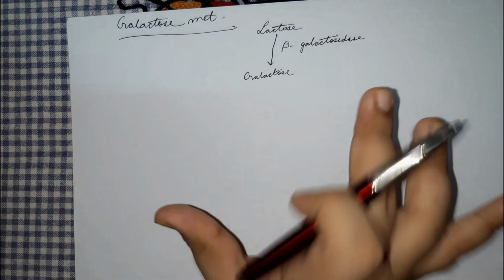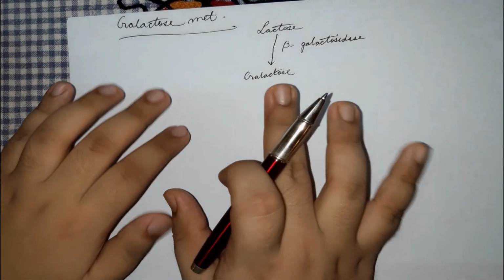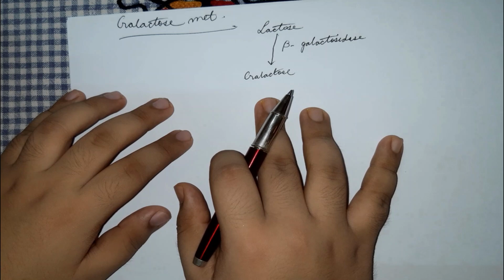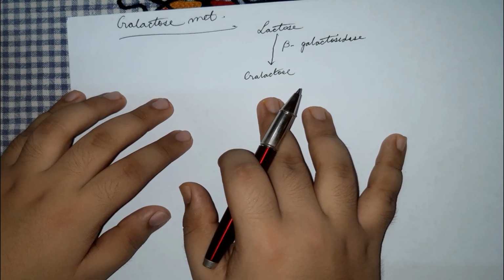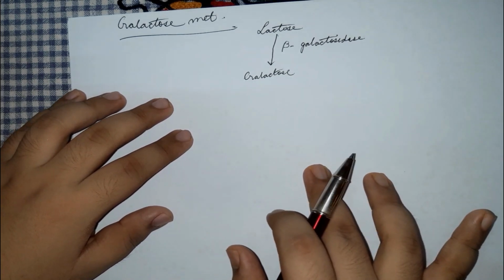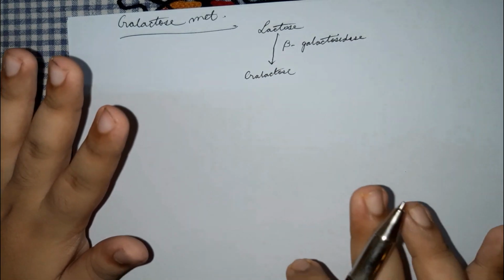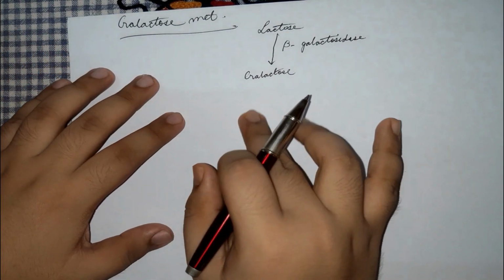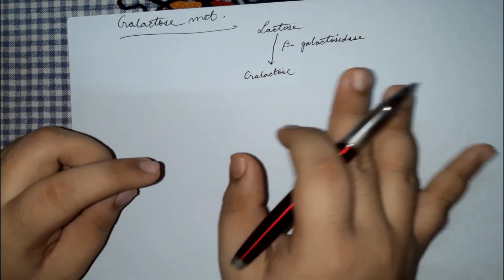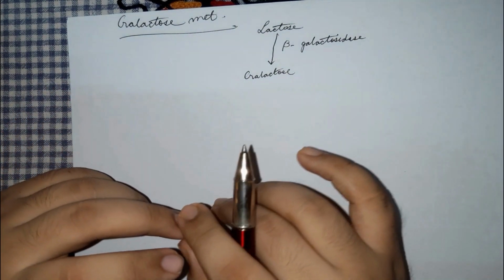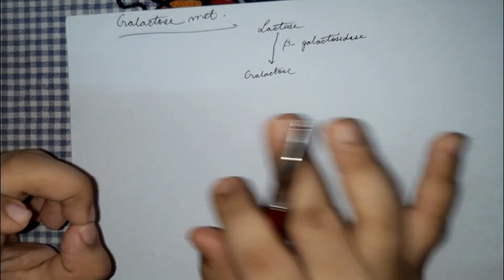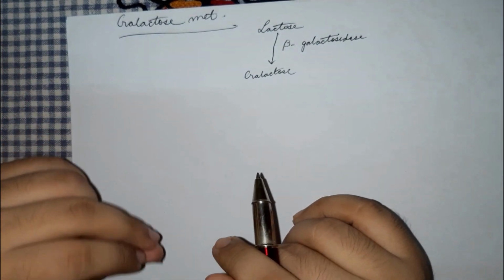As I said when talking about fructose metabolism, the story ends when any one of the glycolytic intermediates is formed, because from there onwards it is normal glycolysis.